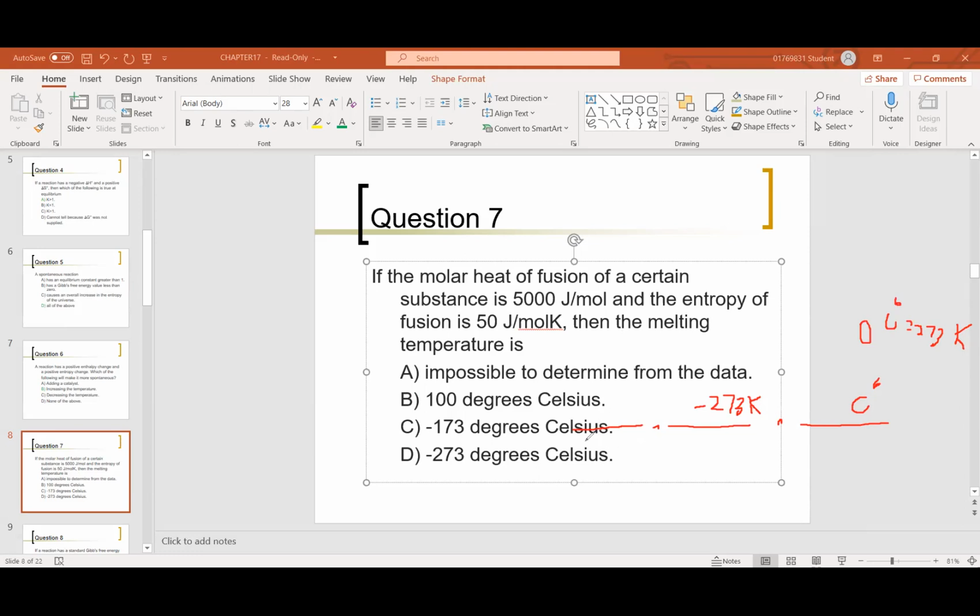I need to get Kelvin on top, so joules per mole on the bottom.